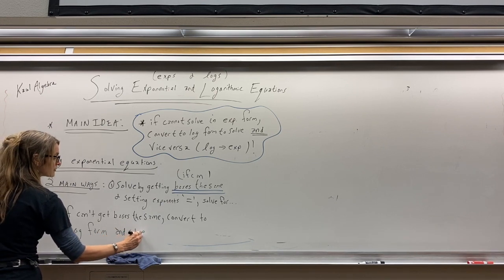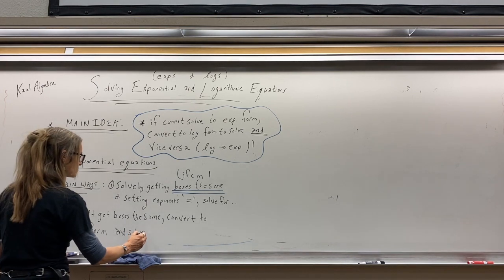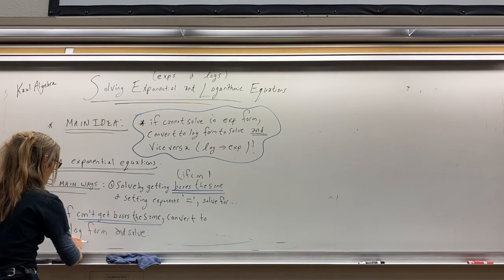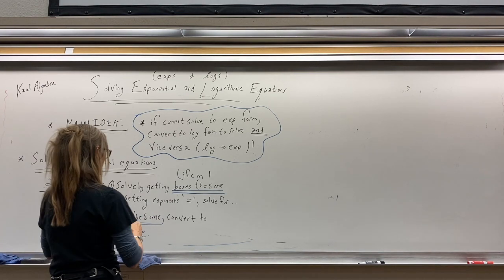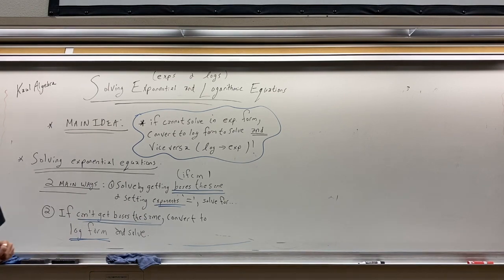You could do this even if you can't get the bases the same, but usually it's a little easier to work with getting the bases the same. It really depends on the problem. So if you can't get the bases the same, then you go to log form. And here you stay with exponential form. So we're going to look at these two main methods.